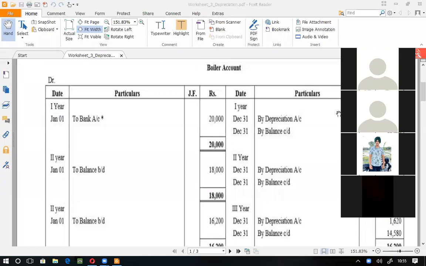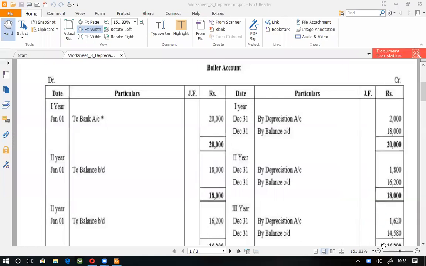Anyone? 1620. Very good, 1620. So we'll record this, and now 16,200 minus 1620, whatever value comes, this will be our balance carried down. Which is 14,580 balance carried down.